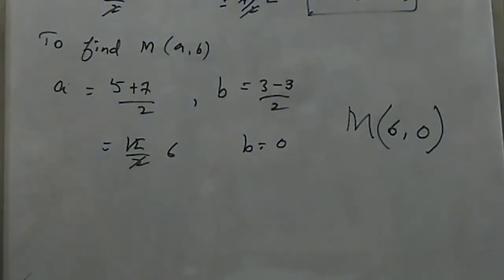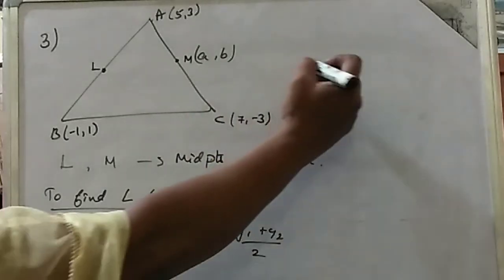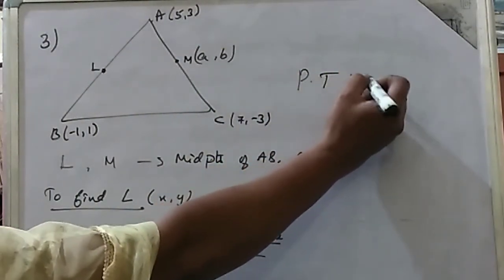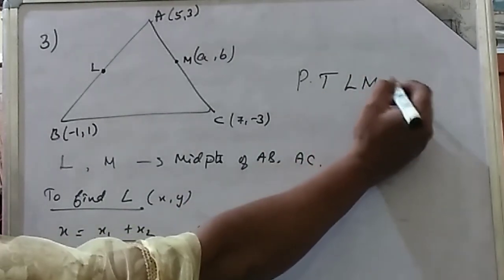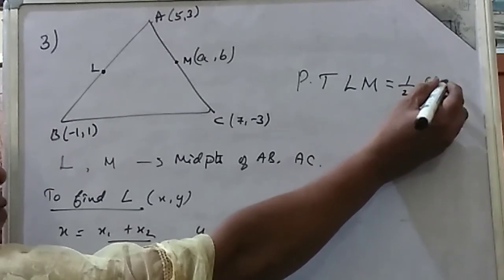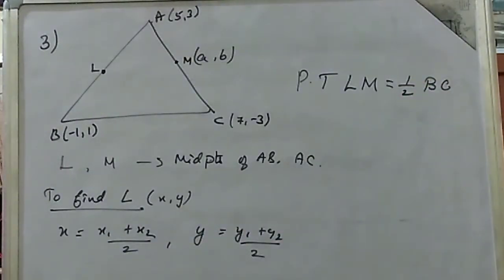Next we have to find out what they have asked you to prove: LM is equal to half of BC.